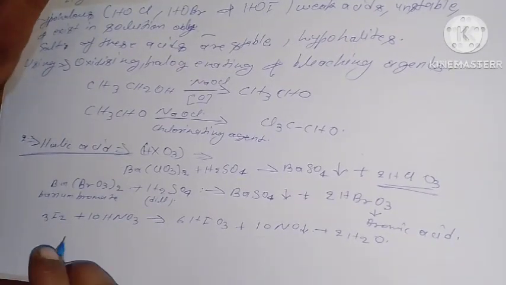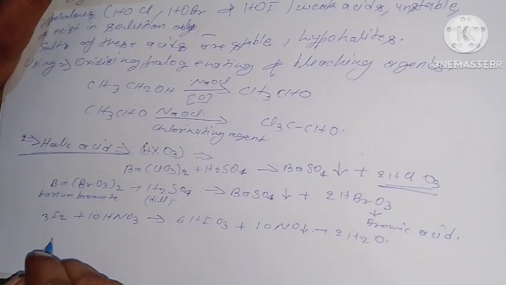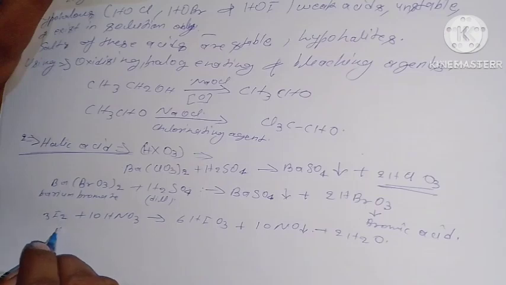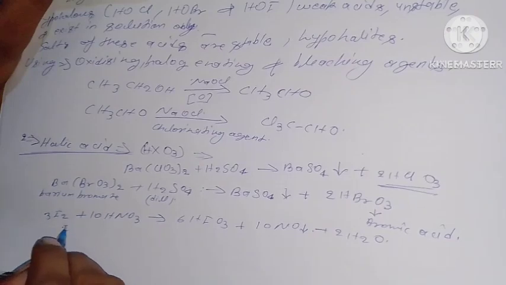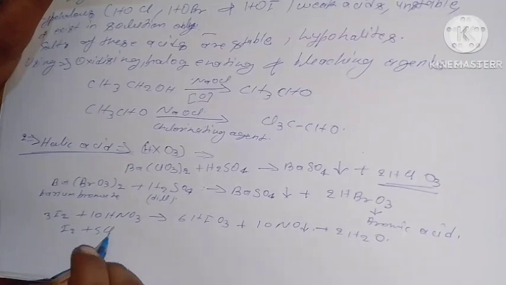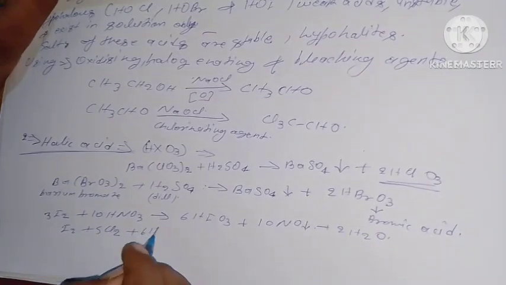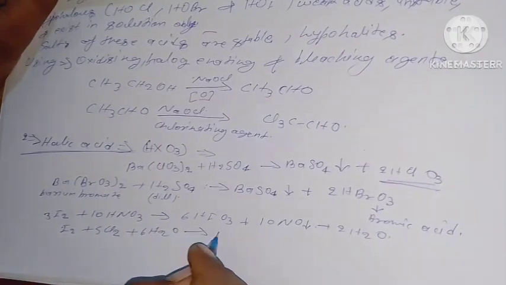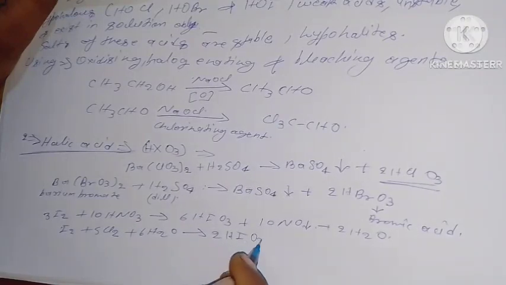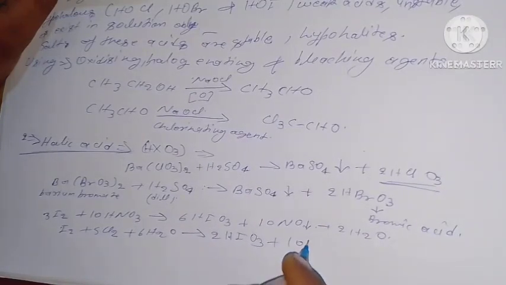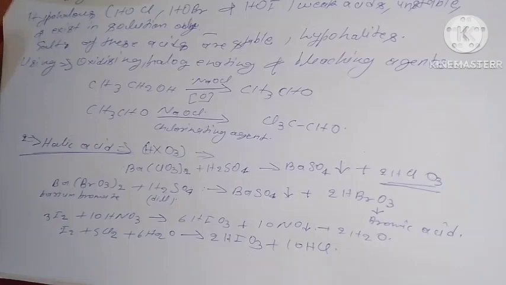through a suspension of iodine in water. I2 plus 5Cl2 plus 6H2O, that makes 2HIO3 plus 10HCl. Okay.